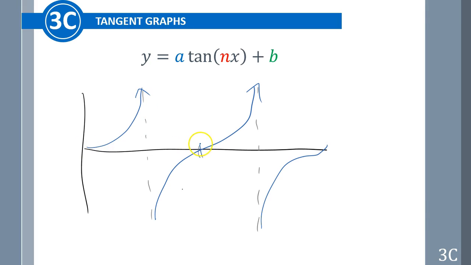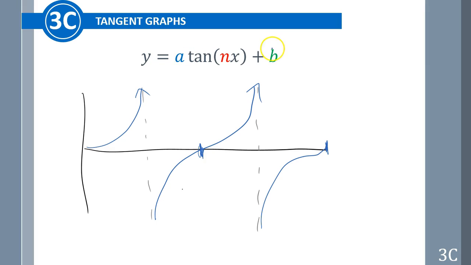So my first period goes to there, and my second period goes to there. So n tells us a bit about the period and therefore the asymptotes. n has the ability to move these periods left and right to make them steeper or less steep.